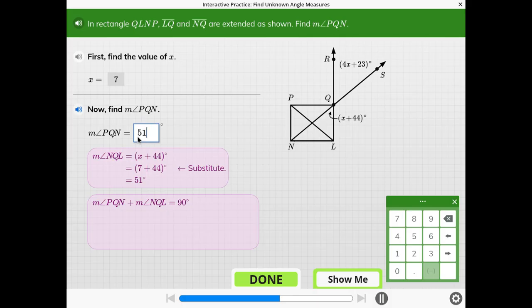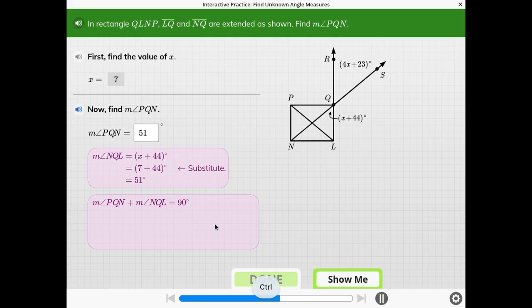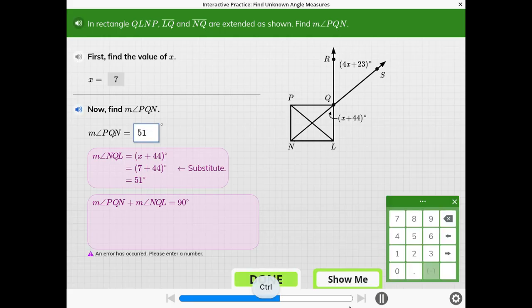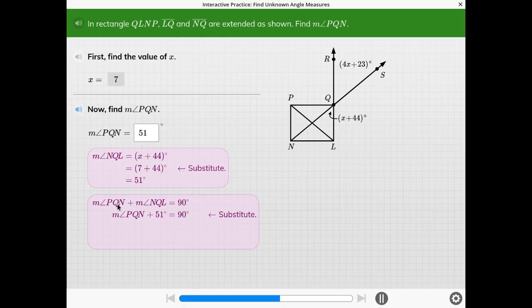Yeah, and it asks you to find the value of x. If you found the value of x and you try to solve that, you put 51, which is the right answer, and it says, oops, you got it wrong. And this is legit stupid. Substitute 51 degrees for the measure of angle NQL.